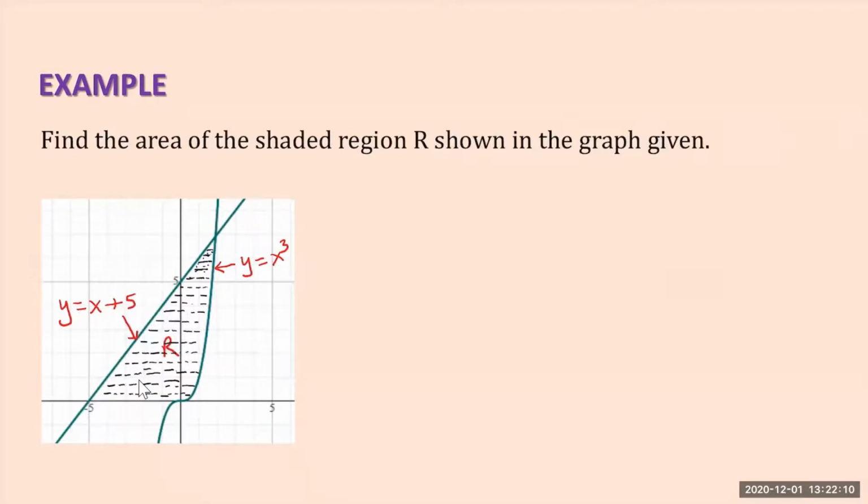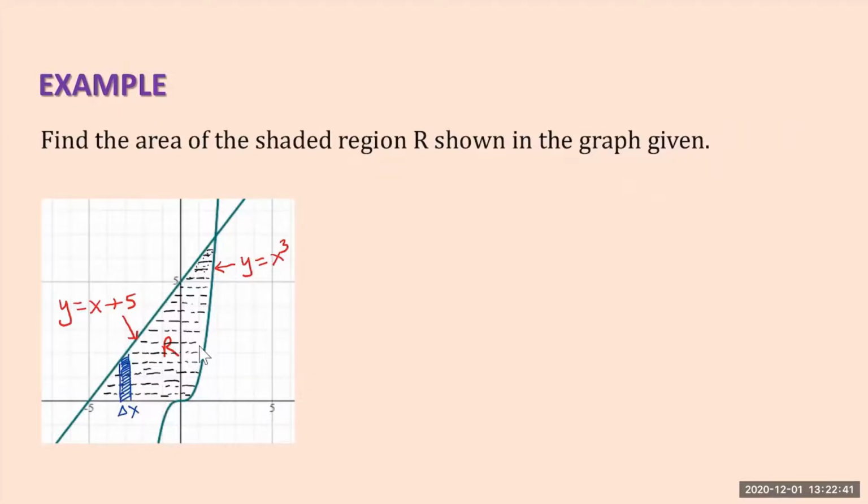So what I can try is to integrate with respect to x. If I want to integrate with respect to x, I draw a vertical rectangle like this of width delta x and move from the left end of the area to the right end. If I move from here up to the y-axis, it is between the function y equal to x plus 5 and the x-axis.